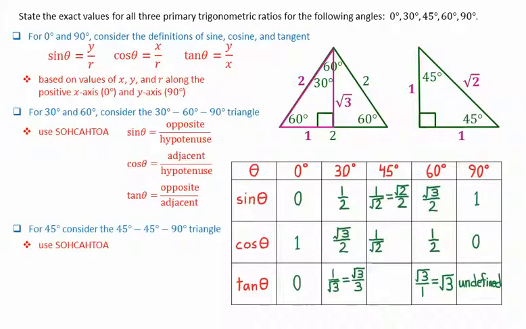Here the adjacent side is also 1, divided by the hypotenuse root 2, again simplifying to root 2 over 2. And finally, for tangent of 45 degrees, the opposite and adjacent sides are both 1, giving 1 over 1, or simply tan 45 degrees equals 1.